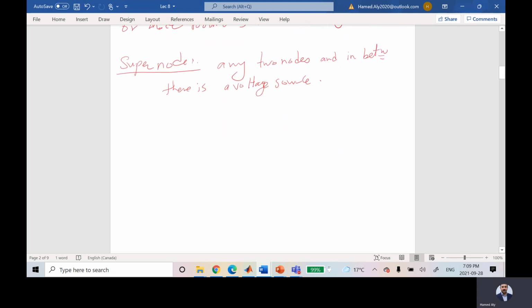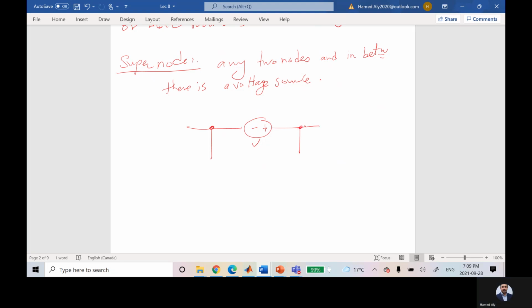Example for that. Something like that. This guy is negative, positive. This is V. And I have a node here and another one here. So this guy is an essential node. This guy is an essential node.